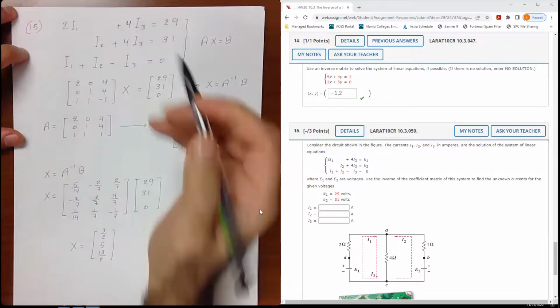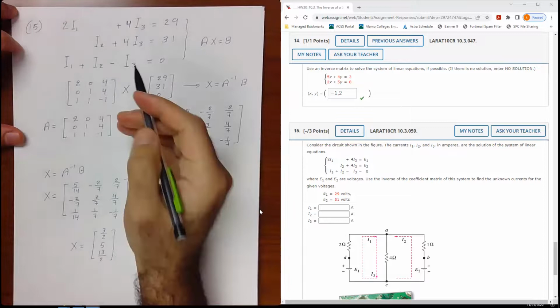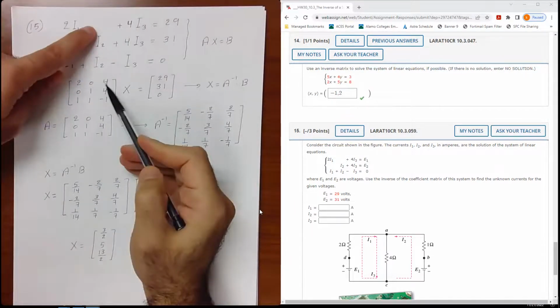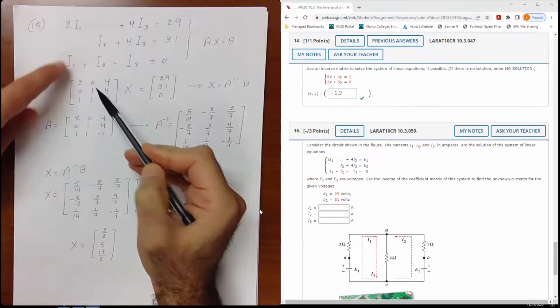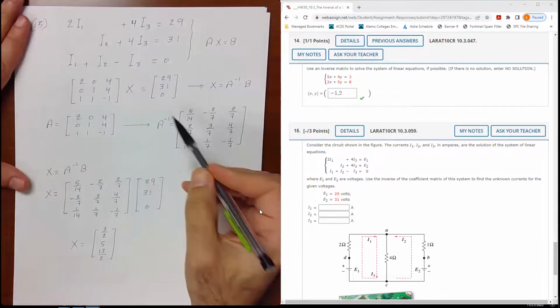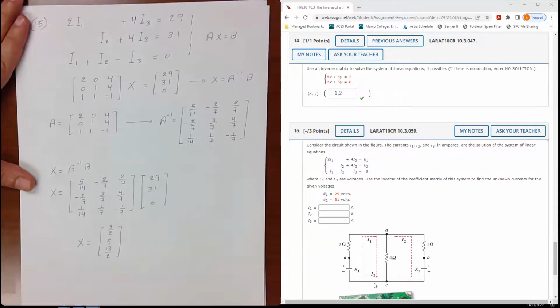So when you write down the system AX equal B, you see this is 2, I2 is 0, and here is 4. 0, 1, 4. 1, 1, -1. And here is the X, and here is the B, because they're telling you here, this is E1, and here is E2.